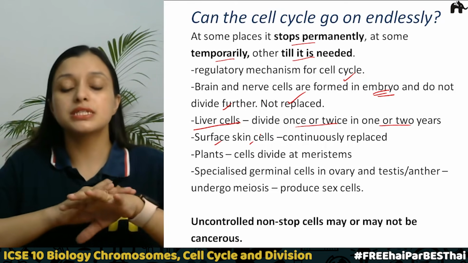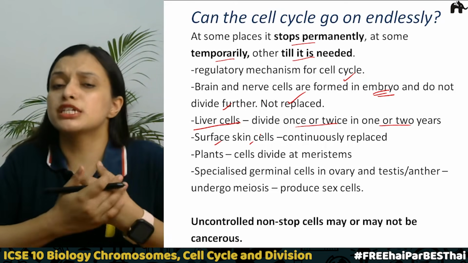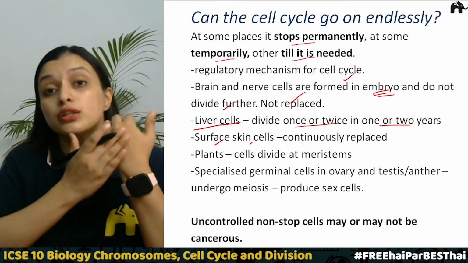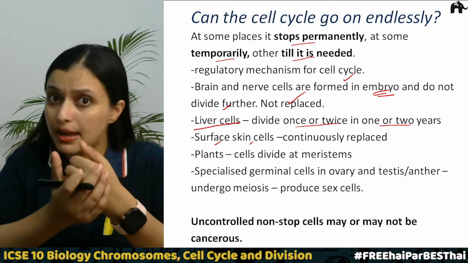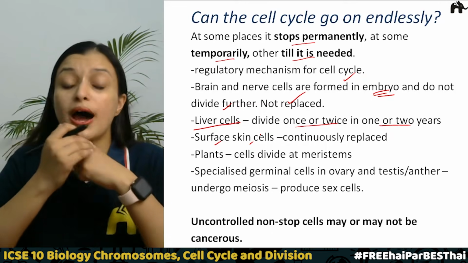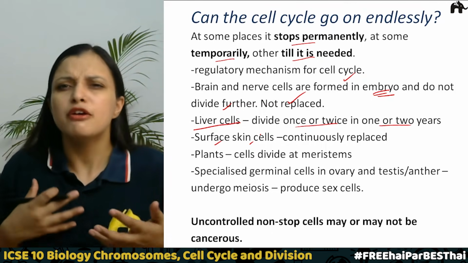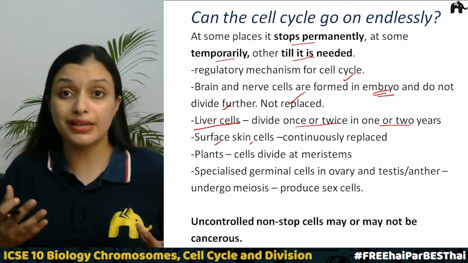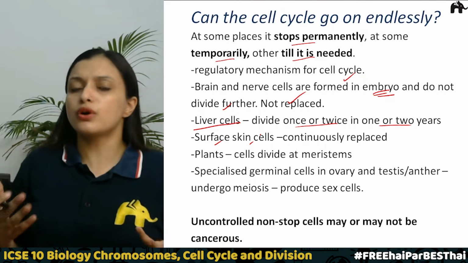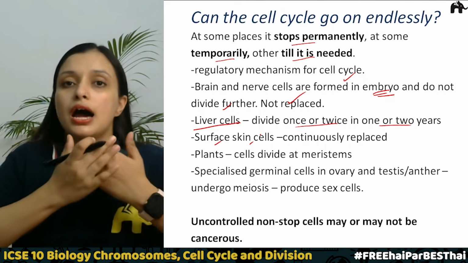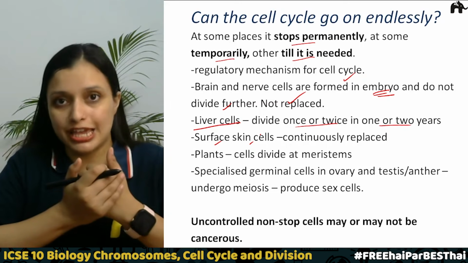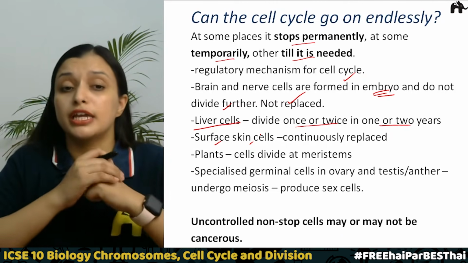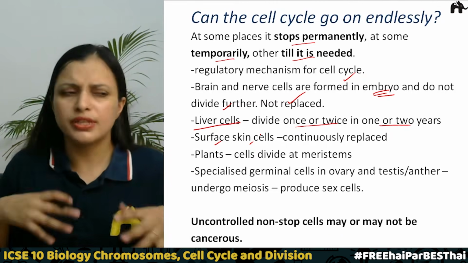Because this is the most exposed part of our body, the skin cells get damaged, so our body needs to repair them very frequently, on a regular basis, continuously, so that our internal parts are safe. If you see around you, there is a lot of dust.